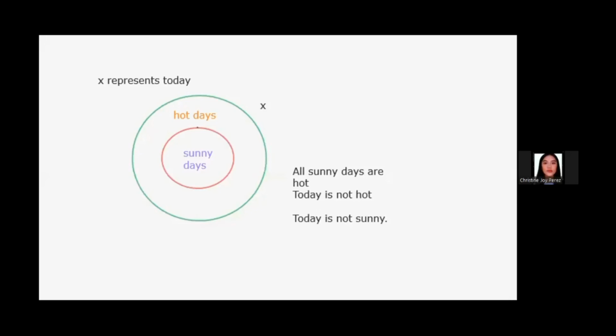So here's the region for sunny, and here is today. So it says here that today is not sunny. So today is outside and sunny is inside the region. So the argument is valid because it's true that today is not sunny.